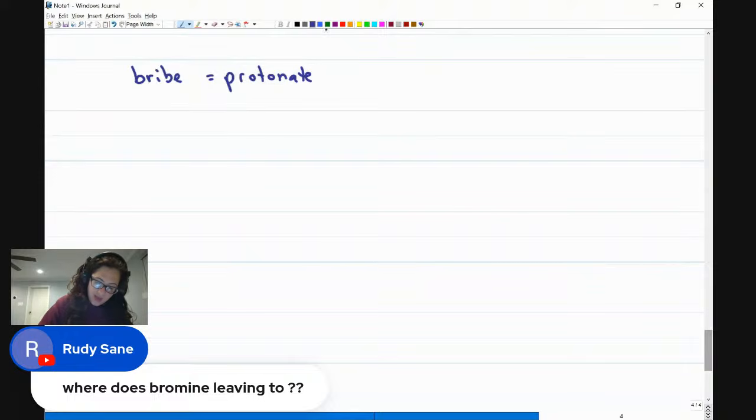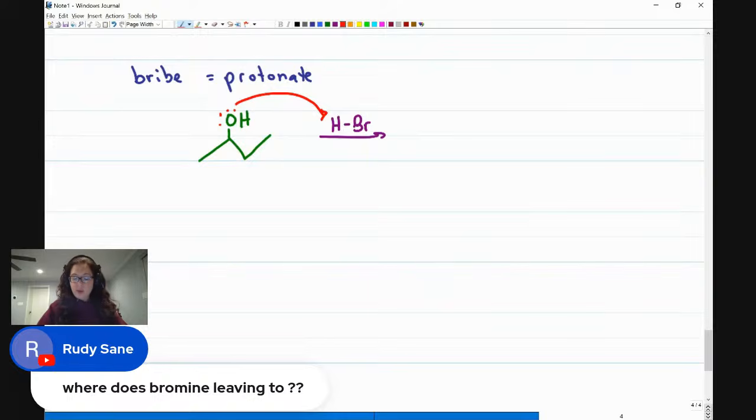If I take the starting molecule that I had before with an OH, and I react it with a strong acid like HBr, in a situation like this, the alcohol being greedy, the oxygen is highly electronegative. It reaches for that hydrogen, kicks out the bromine, and what I have now is instead of an OH, which is a bad leaving group, I have an oxonium, an OH2 lone pair positive charge.